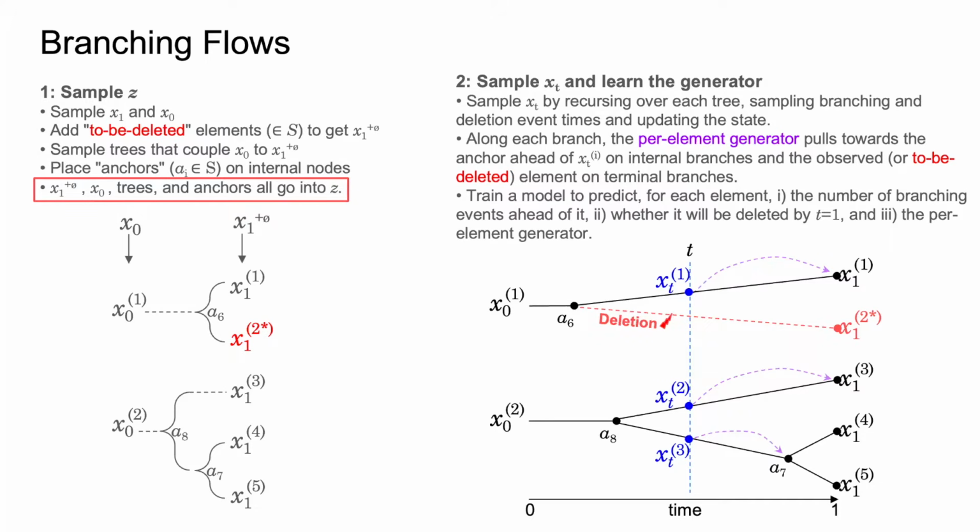Yes, go ahead. So during training, I sample my x0, I sample my x1, and then I sample this tree. The tree is defined by sampling some to-be-deleted elements. The to-be-deleted elements are always close to my end state.